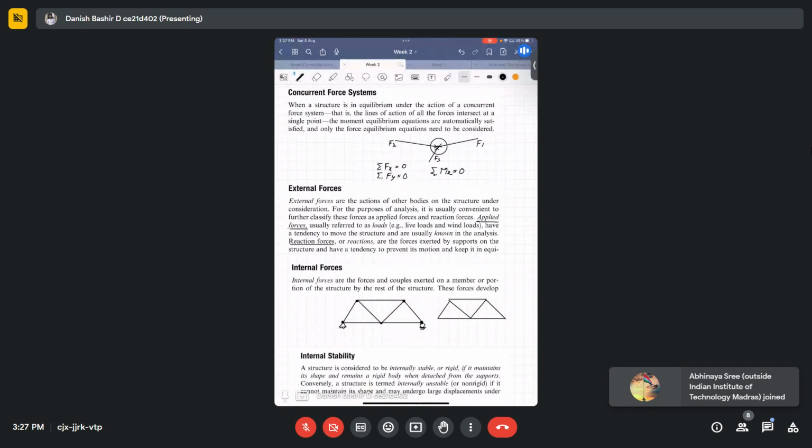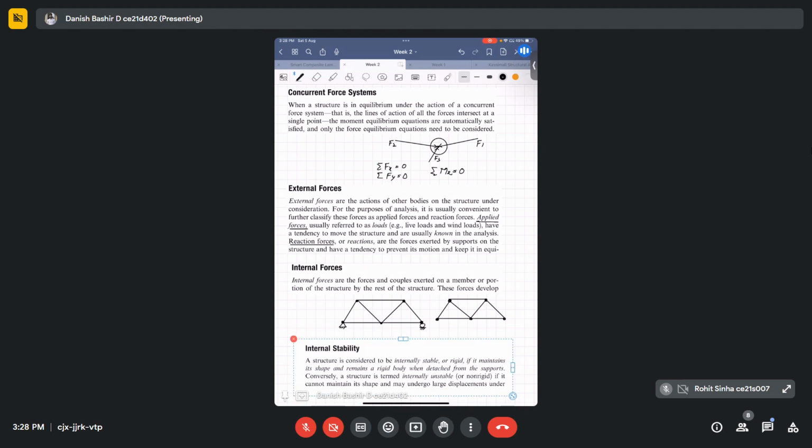If you see, after removing the supports, this structure is able to maintain its stability, it's not getting distorted or anything like that, then we can say that this structure is an internally stable structure.